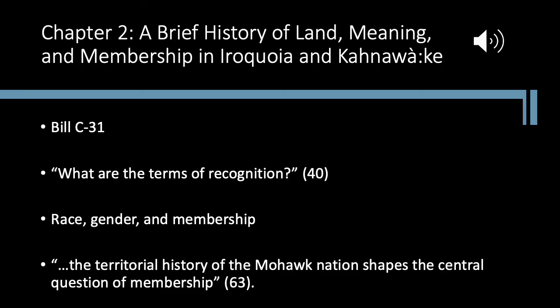So Chapter 2 provides historical context, but with a particular focus on questions of membership and citizenship. One of the big pieces that she discusses in this chapter is Bill C-31. I'm not going to go into super detail about this, but basically Bill C-31 is a bill passed within the Kanawaki government that basically redefined who counted as members and who was given citizenship.